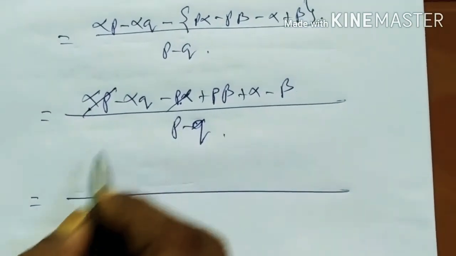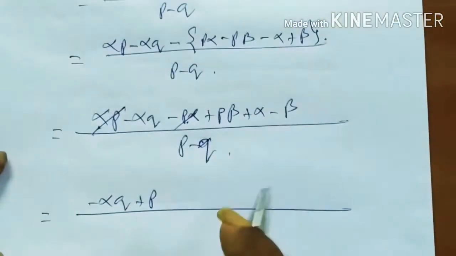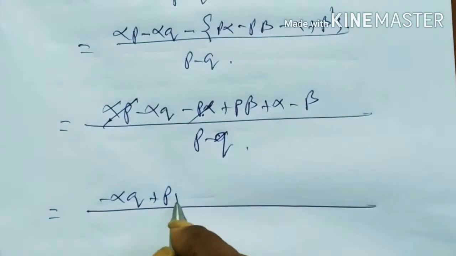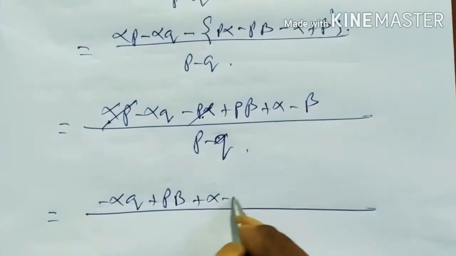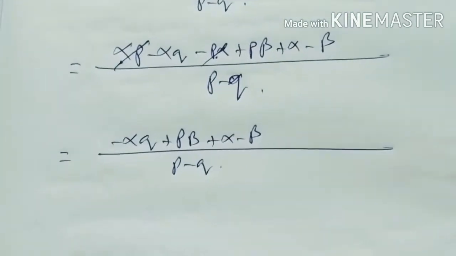Only the terms left are minus alpha Q plus P beta plus alpha minus beta over P minus Q. This is the value of A.